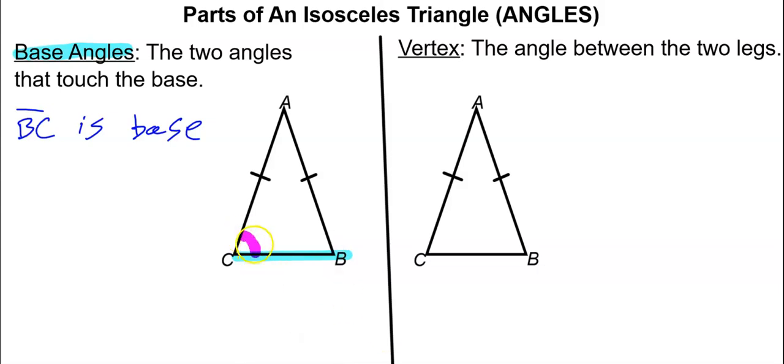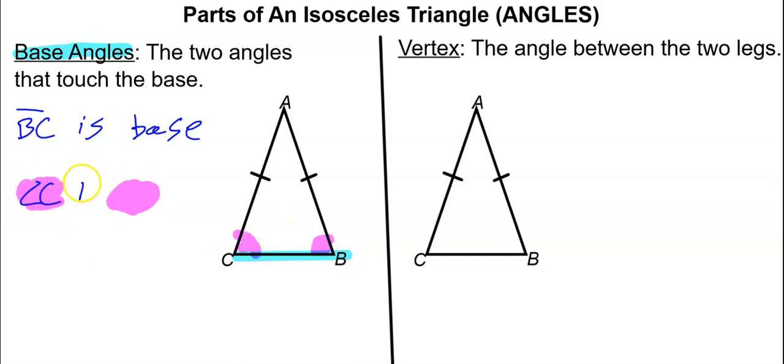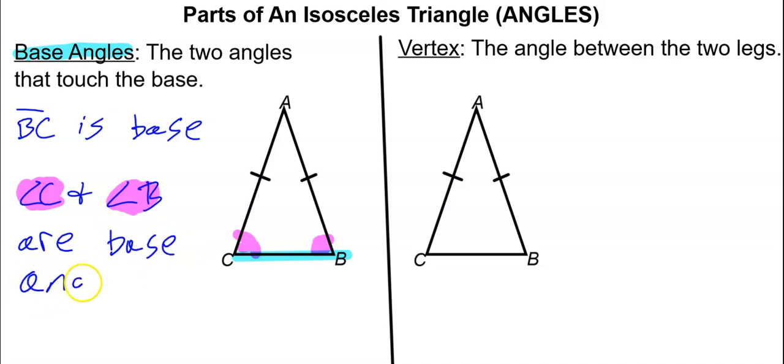I'm going to do them in the same color because we're going to find out something cool in a minute. Angle C and angle B are the base angles. BC is the side I'm worried about because that's the base, the non-congruent side. The two angles that touch the base are the base angles.